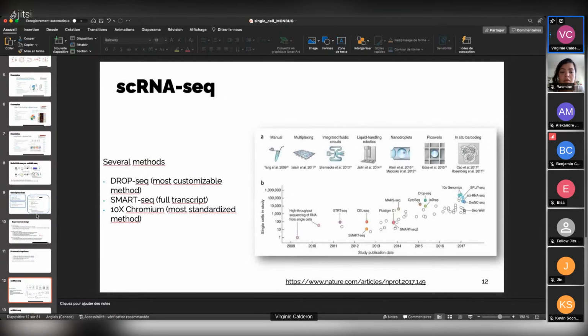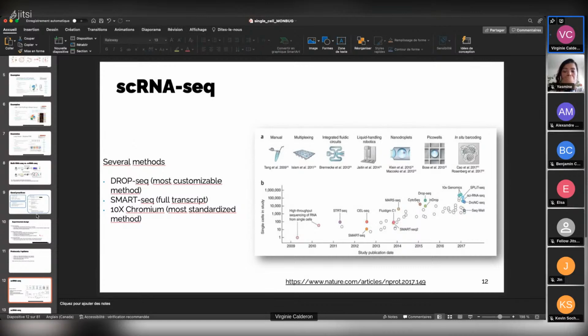So yes, for single-cell transcriptomics, this technology was developed more than 10 years ago. It has evolved a lot in the last years, and it began with Drop-seq. Drop-seq has a lot of advantages, like it's the most customizable method, so you can have an in-house Drop-seq.